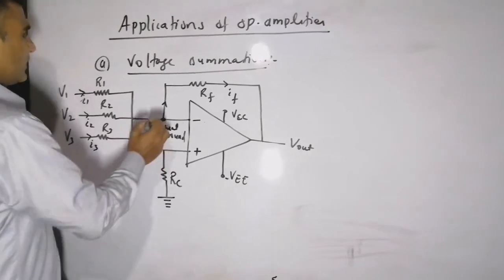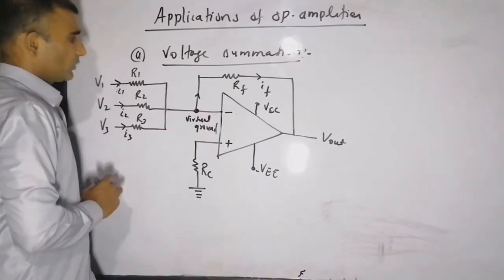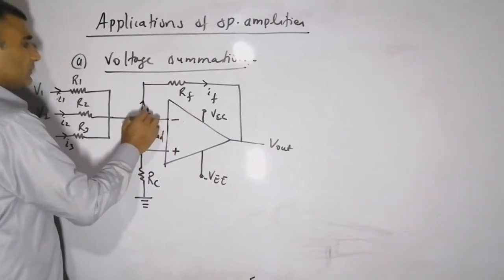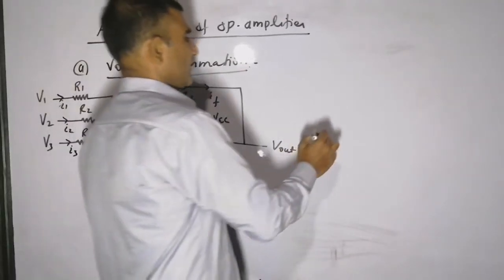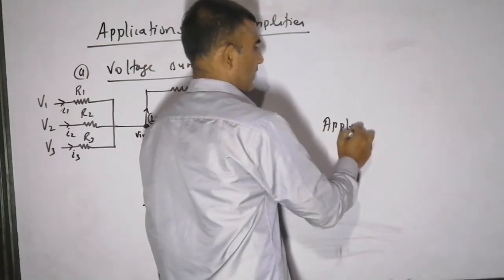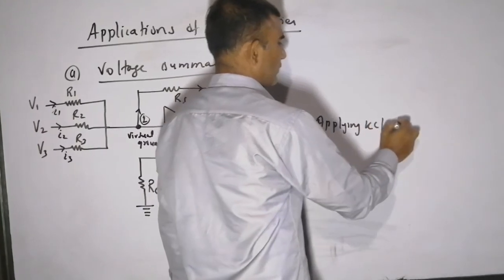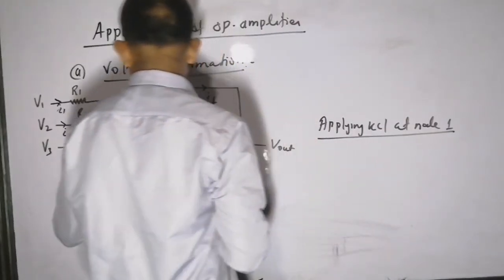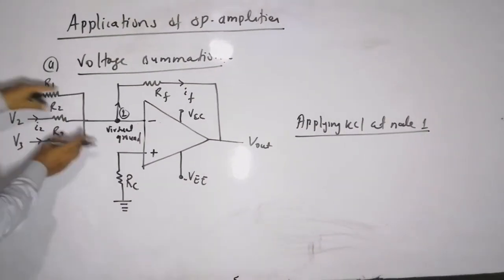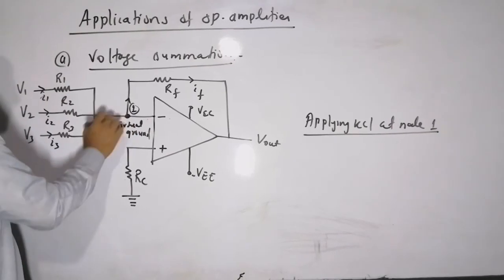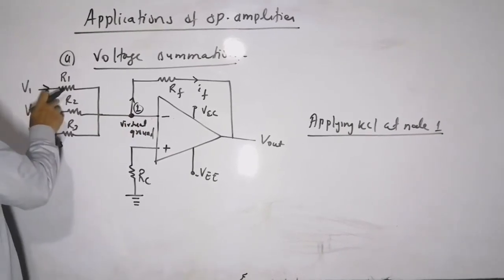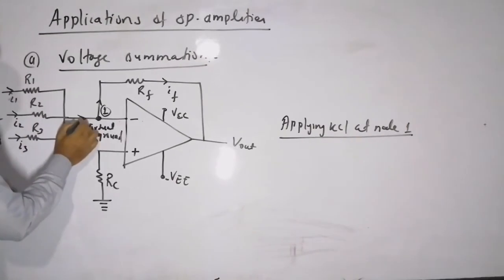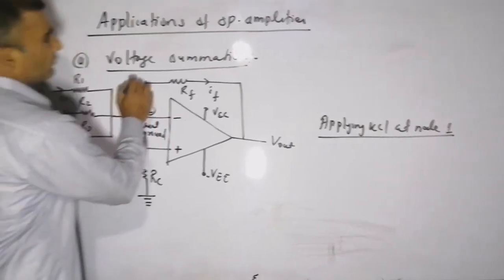So friends, we apply Kirchhoff's current law at this node, which I always label node 1. Applying KCL at node 1, the incoming current must be equal to the outgoing current, since a point cannot accumulate any current. The currents I1, I2, and I3 all come into this junction, and the current IF goes out of the junction.